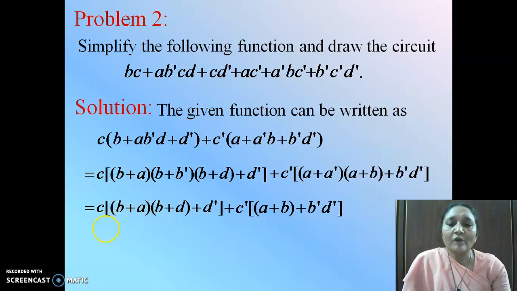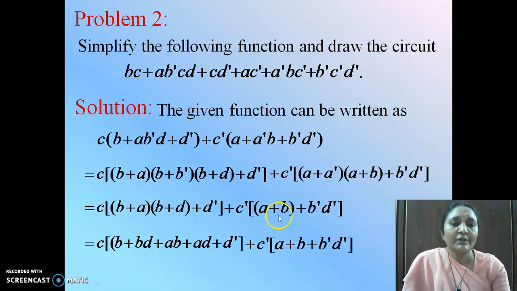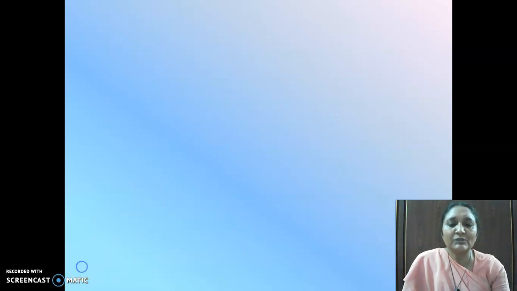You have C of (B into B, plus BD, plus AB, plus AD) plus D dash, plus C dash of, you have plus operation throughout, A plus B dash D dash. Now here B plus BD is equal to B. What is the law used here? Absorption law. So by using the absorption law you can write this is equal to B.